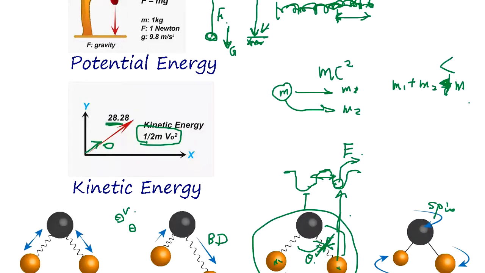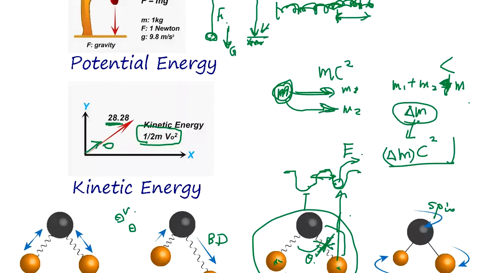What happened is that a delta mass is lost, and this lost mass is converted to energy. So actually delta m c squared is the energy generated by this fission process. The atom breaks into two different atoms, that's fission.